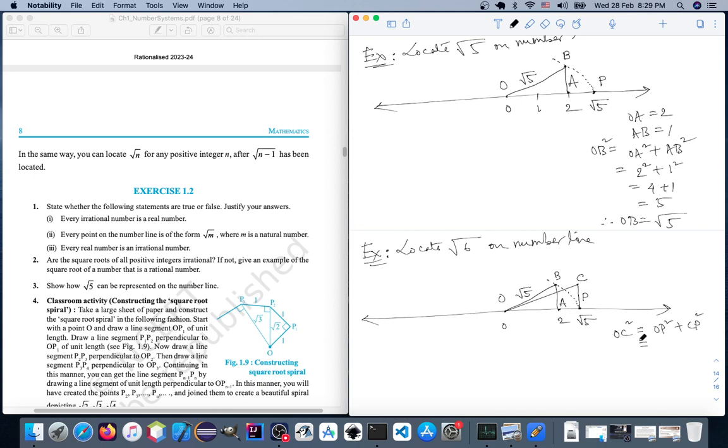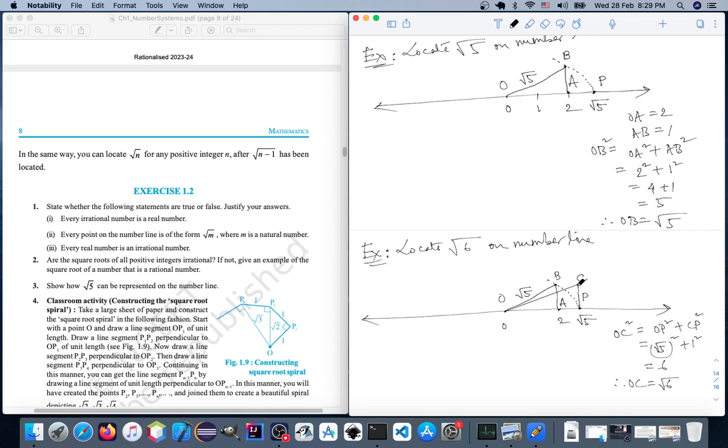P represents the irrational number root 5. So OC square will be root 5 square plus 1 square, this will be 6. Therefore, OC is root 6.